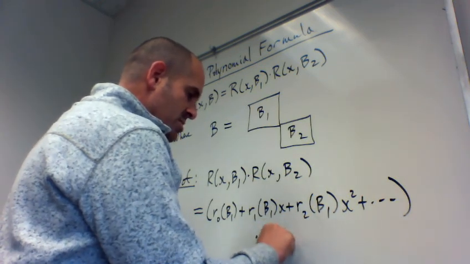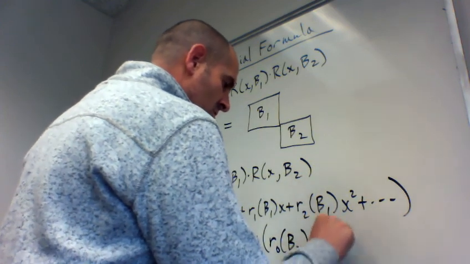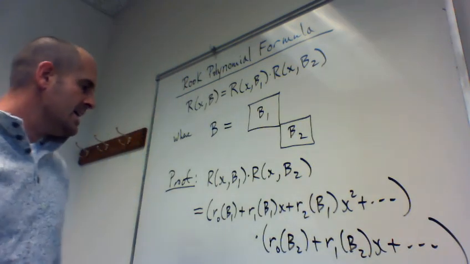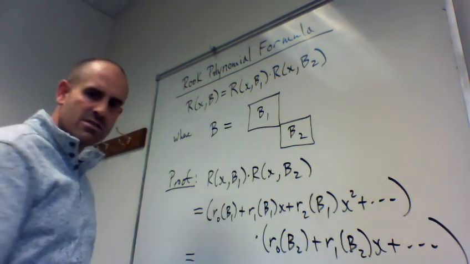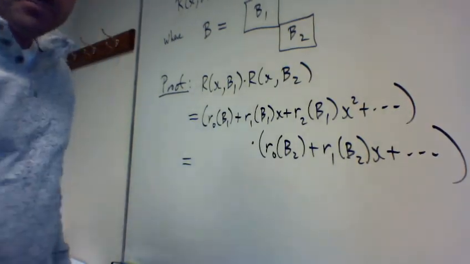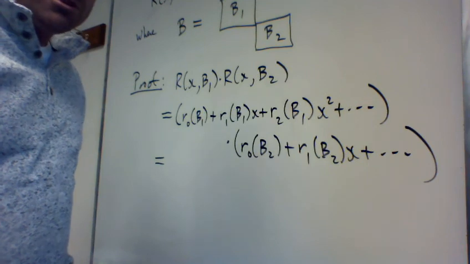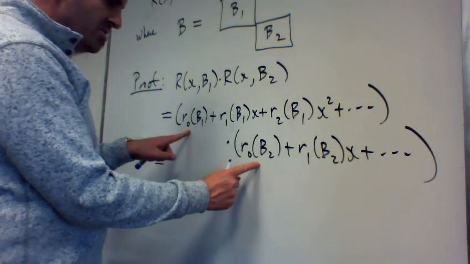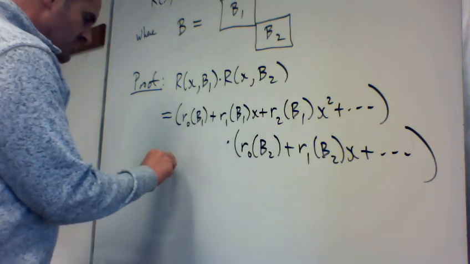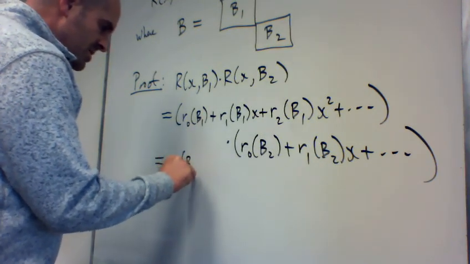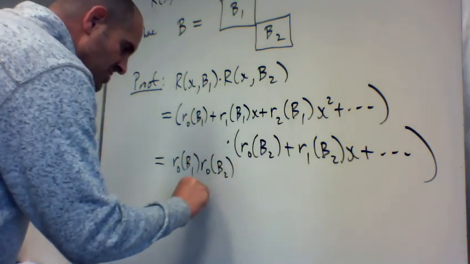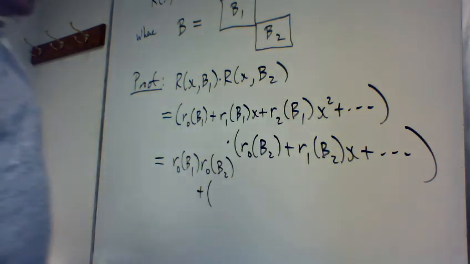Okay, so R0 of B2 plus R1 of B2 x plus etc. And if we multiply this out, what happens? Well, the constant term is just gotten at by multiplying the zeroth rook numbers. So that's R0 of B1 times R0 of B2, plus, now I have to think about what x is going to be.